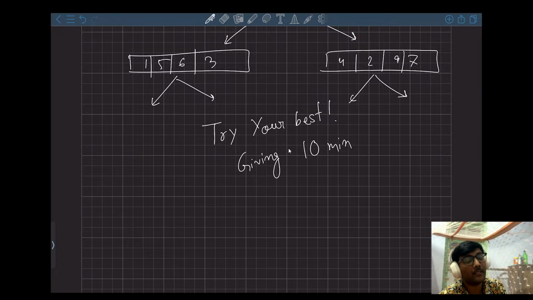Calculate the number of times you enter the function, and see that there is a huge difference, like 2 to the power n versus order n. Try to prove that, or at least show how these vary. Okay, so let me write down the question for you.